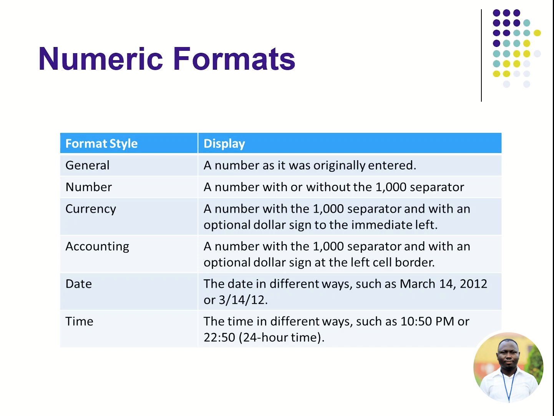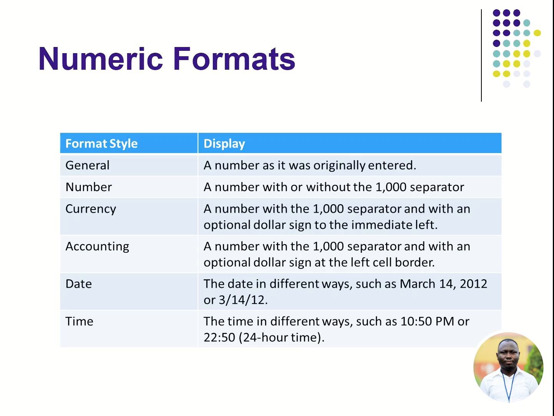Then let's look at numeric formats. We have the different data types that we have under Excel. We have General: a number has its originally entered form. That is General. It can accept both numbers and alphabets, all mixed together.